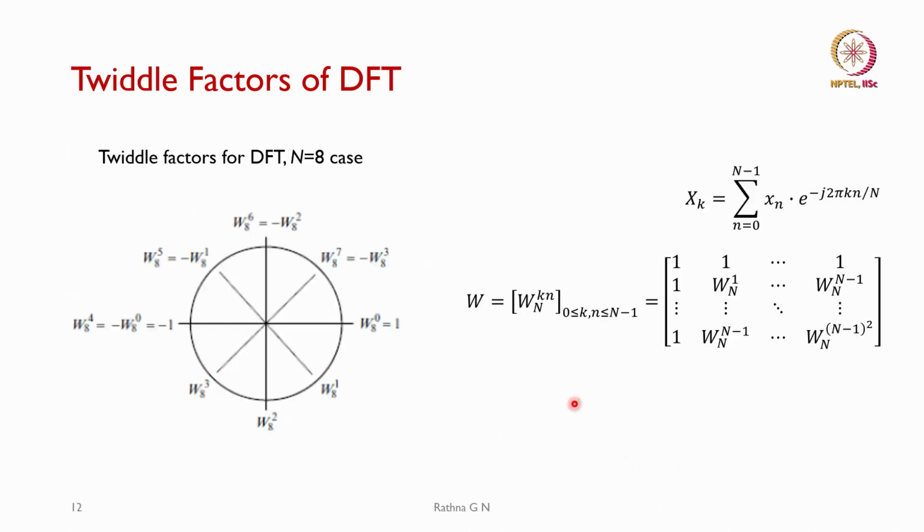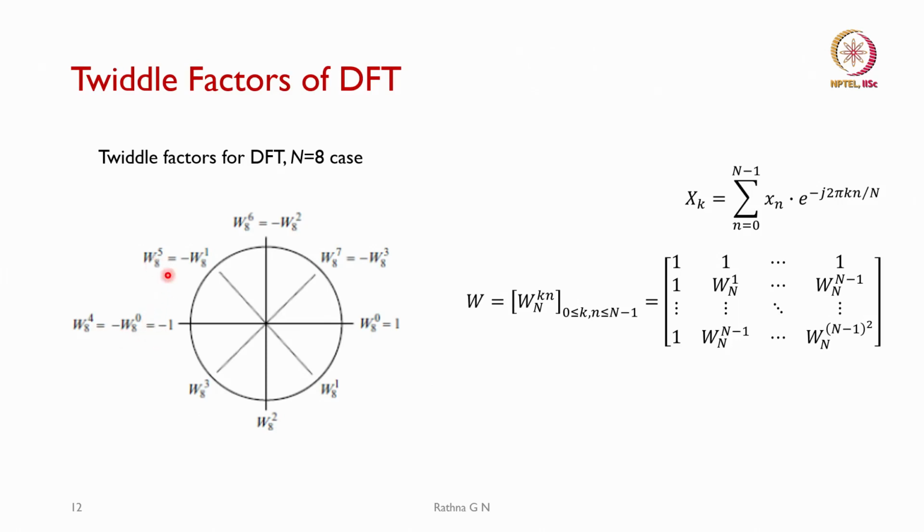So, we can see how the twiddle factors of DFT look in the case where n is equal to 8 is assumed, on a unit circle. We will be seeing that this is W80, which is equal to 1, and then we have W81, W82, W83, and then n by 2, what we just now saw, W84, which is nothing but minus W80, which is equal to minus 1.